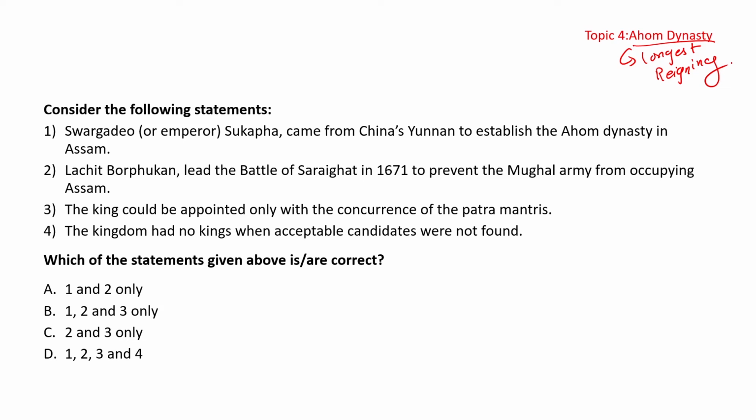The Statue of Valor that has been basically inaugurated by Prime Minister on 9th March basically. Statue of Valor that has been inaugurated by Prime Minister. Okay, whose statue it is?